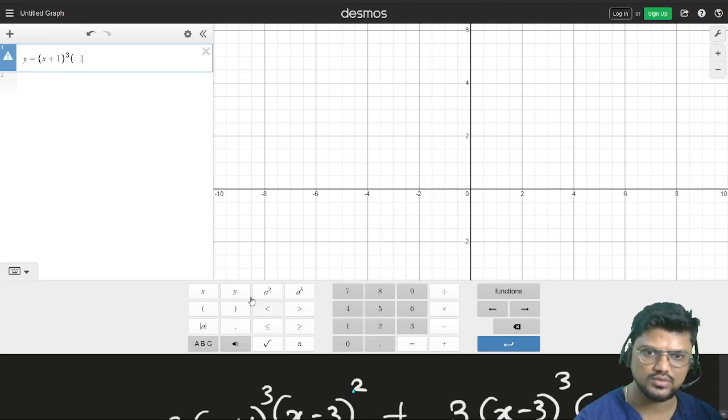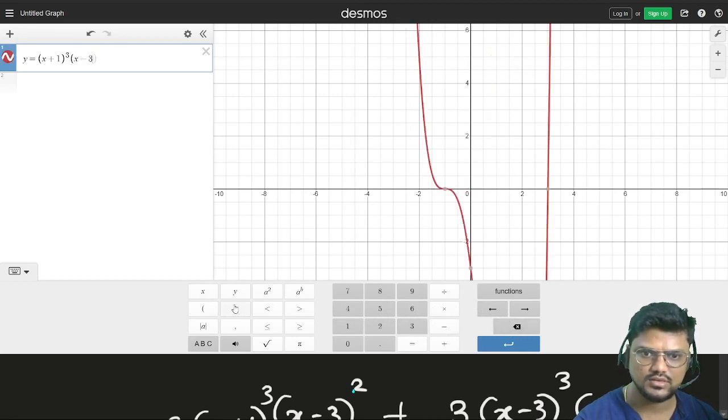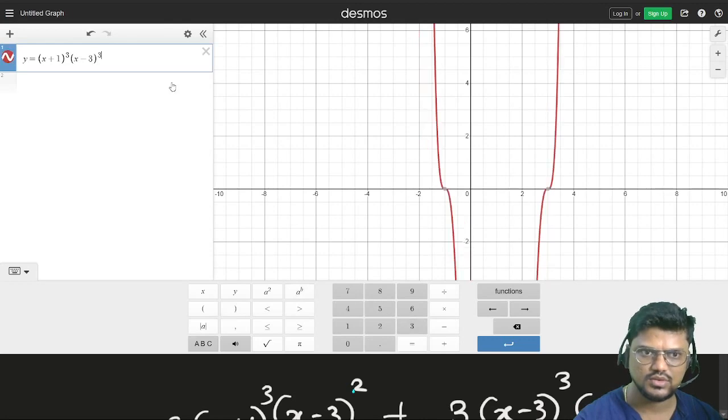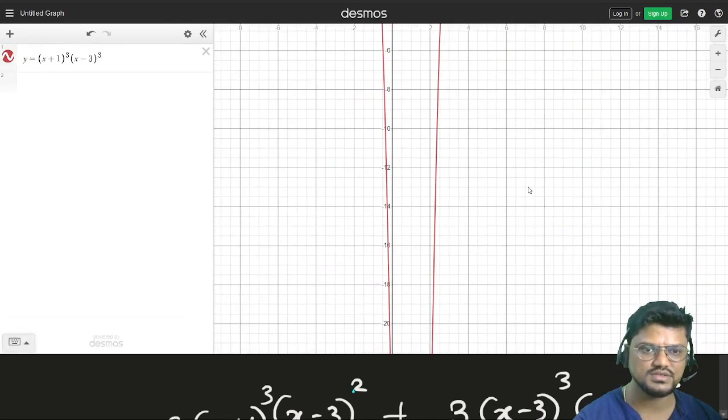(X minus 3) whole cube. So this is what the curve is.